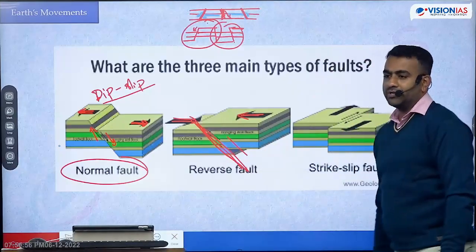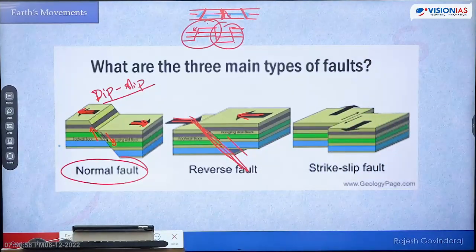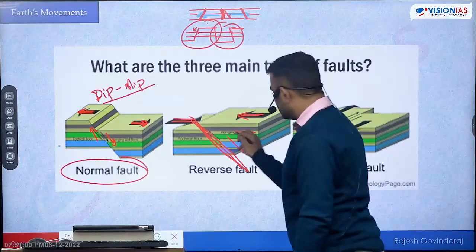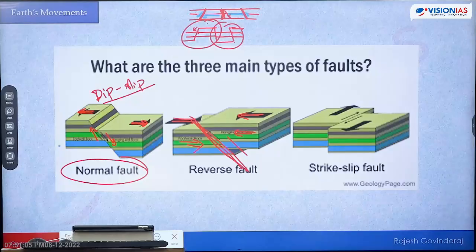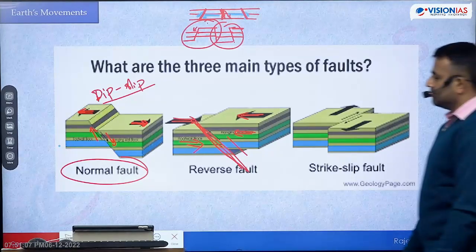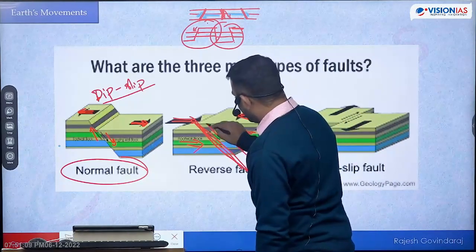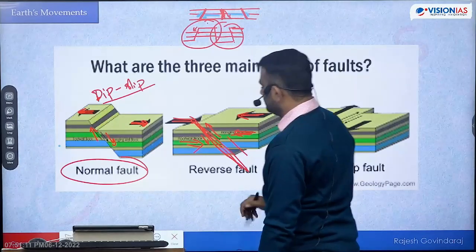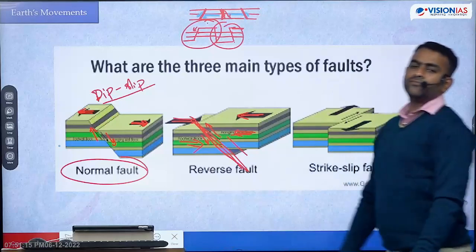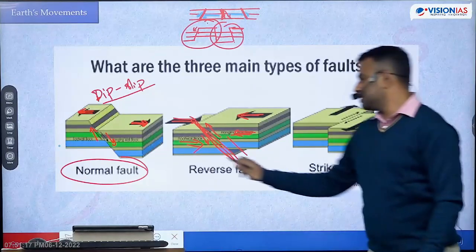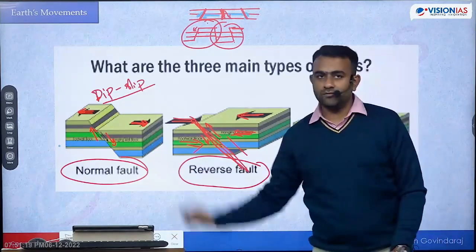Sometimes due to compressional force a fault is created, and in that case the blocks are actually moving towards each other. As they move towards each other, one block rises above another one. Suppose you take this as stationary, this one rises like this. That is why it is called as reverse fault. It is opposite to the normal fault.